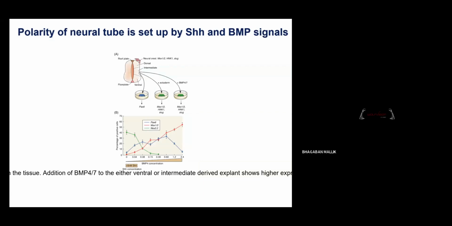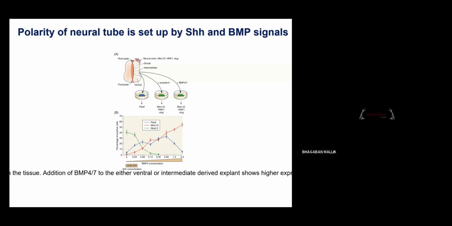Okay, so another set of experiments with sonic hedgehog and also with BMP that people have done to identify what the dorsal genes are and what the ventral genes are that are required for the dorso-ventral patterning. Again, the same thing is shown here. You have neural crest cells, which form different sets of cells like ganglion cells.